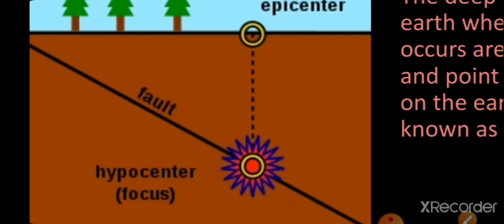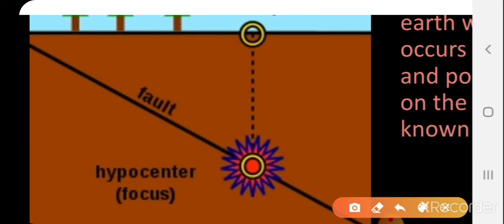Fault zones are produced, and due to these plate movements, the rock inside the earth, inside the crust part, undergoes displacement, and here is the region where the rocks undergo displacement, and this is the point inside the earth where the earthquakes occur, known as focus. Focus is the point where the earthquakes occur.